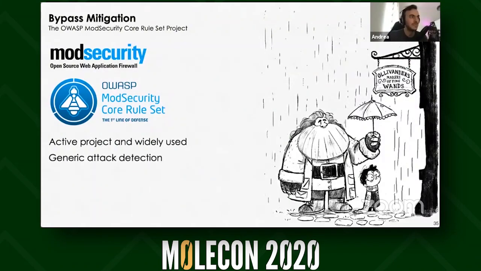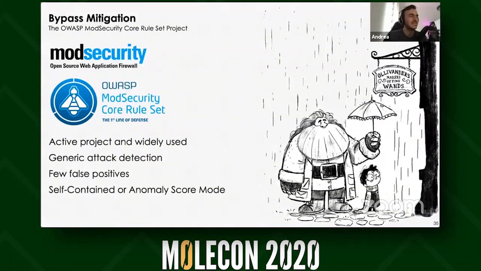It protects from generic attacks and not only from specific exploits or vulnerabilities. It has very few false positives, and it could work in a self-contained mode or anomaly score mode. Self-contained mode means that you can block the request once it hits the first rule, and this is how most web application firewalls work.